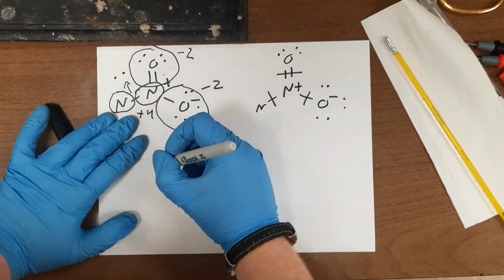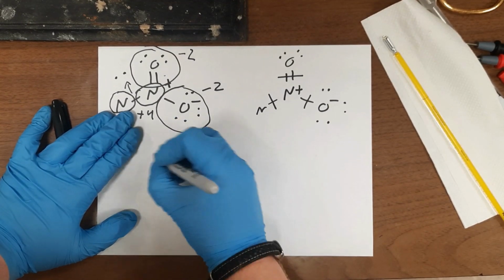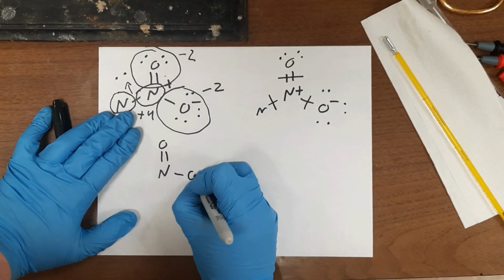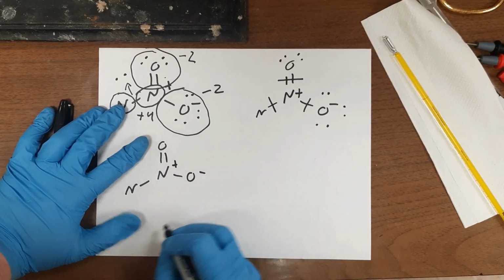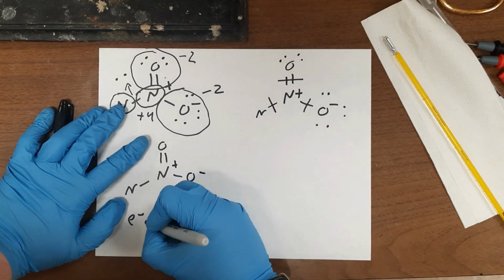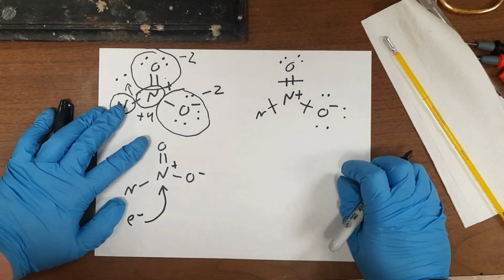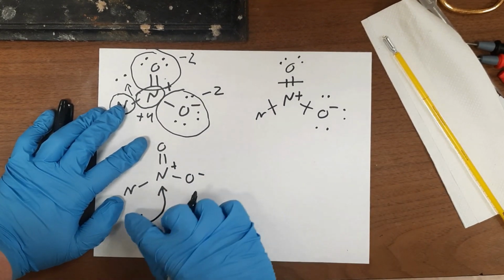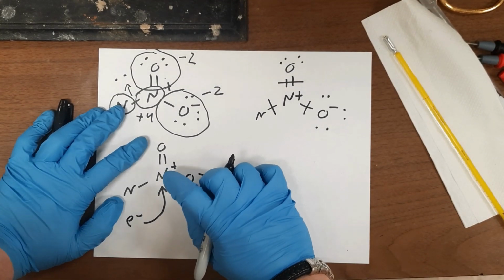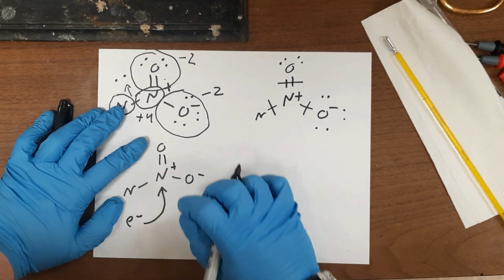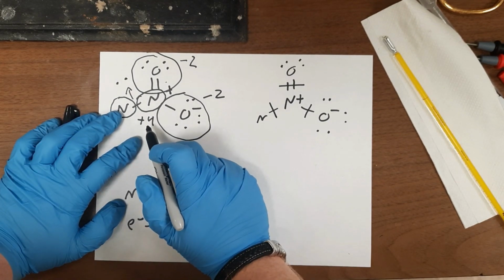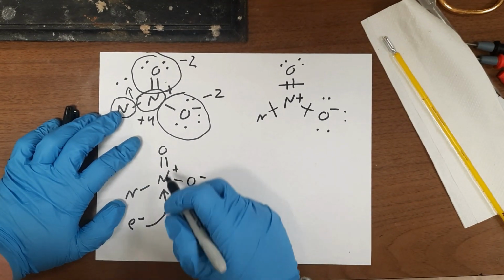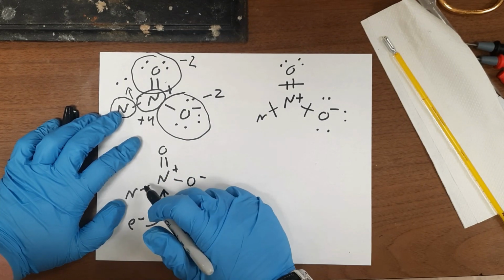Now I'm saying this because when I was doing this reaction, where an electron came in and was attracted to that, it's because A, electrons in this molecule have opposite charge, opposites attract, and B, this oxygen is so electronically deficient that it will go into this atom.